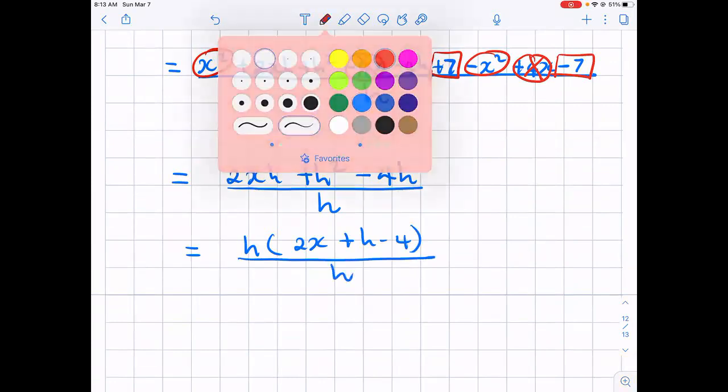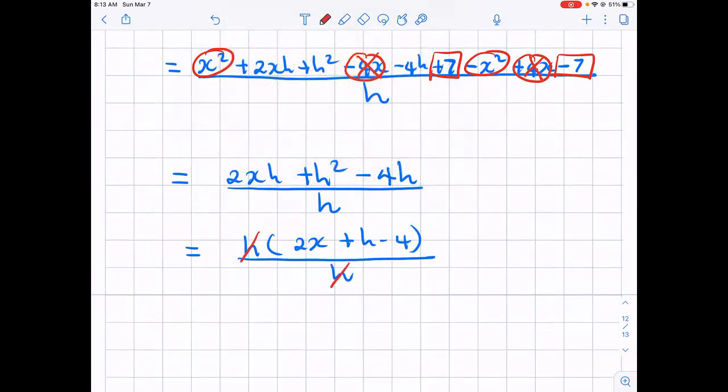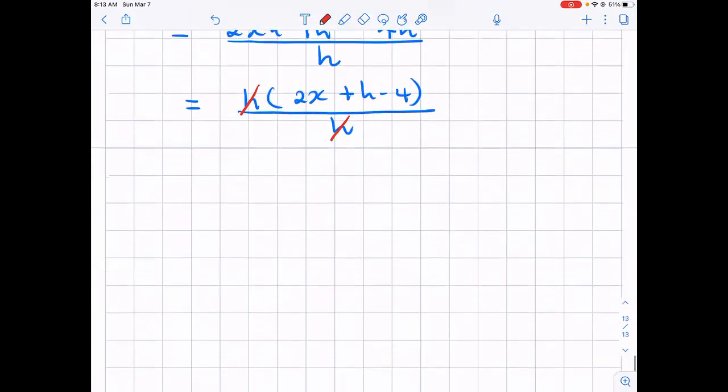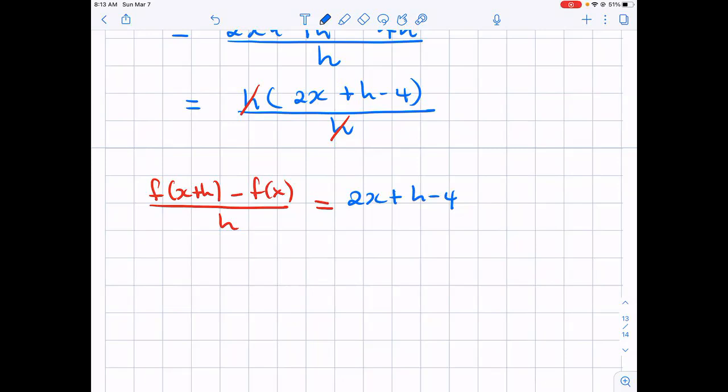Then this cancels with this. So f of x plus h minus f of x over h is equal to 2x plus h minus 4. And remember, h cannot be equal to 0.